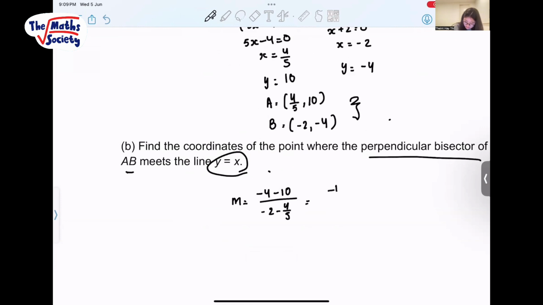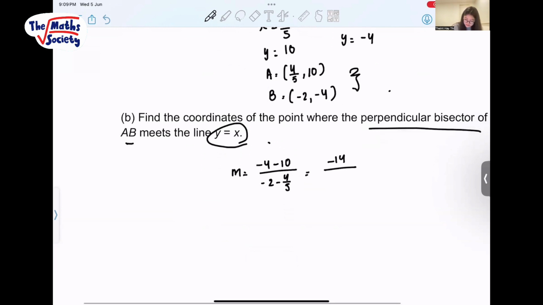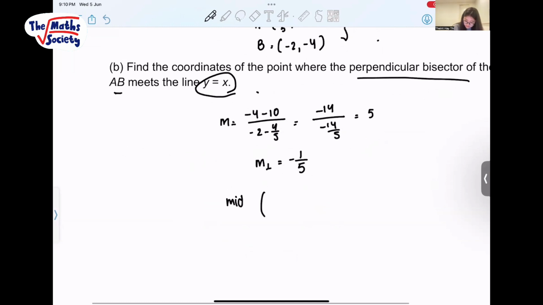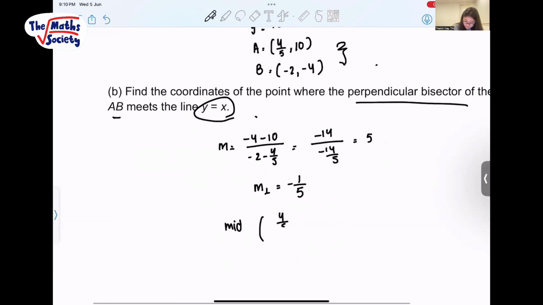Minus 14 by 14 by 5. So you just have like 5. And because it says perpendicular, you have to flip it around, so it'll be minus 1 by 5. And then you have to find the midpoint as usual. So it's going to be x1 plus x2 divided by 2.